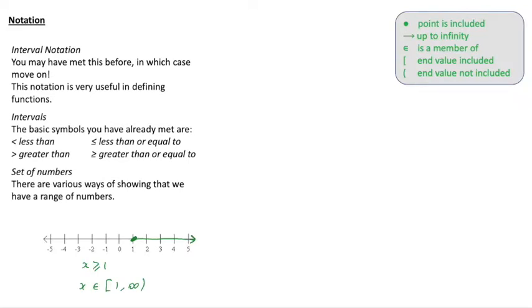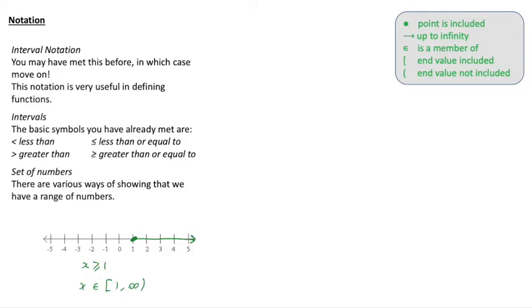So if we look at this example, we have the numbers from 1 and including 1. If we have a filled in circle or blob, that means that value is included in this range of numbers. And then up to infinity, and that means we've got the numbers x is greater than or equal to 1. So any number x that's greater or equal to 1 is in this set of numbers.